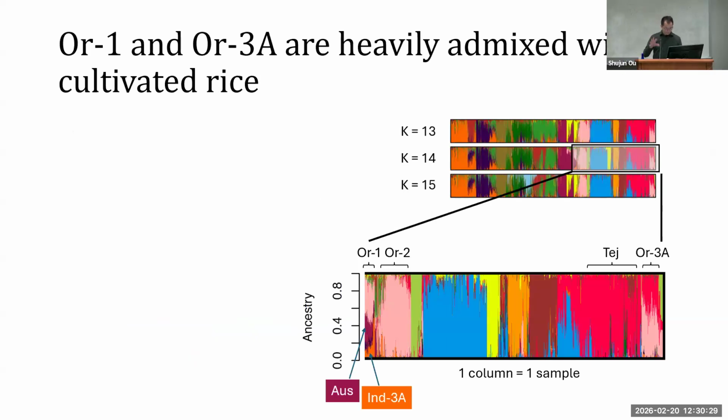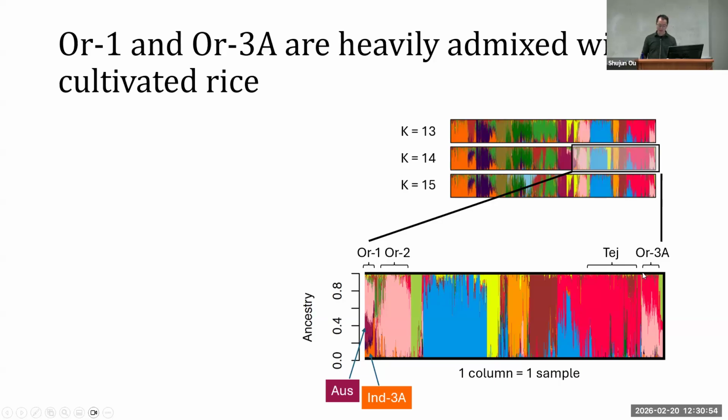If you notice the admixture plots and look back at K equals 14, the OR1 are not pure. Aus has a significant portion in the genome, and also indica 3A. And for OR3A, you have lots of portion from temperate japonica, suggesting heavy introgression coming from cultivar rice.